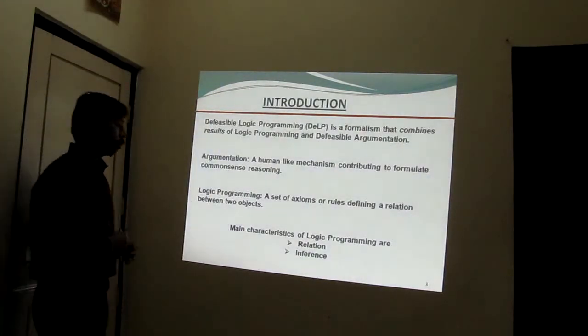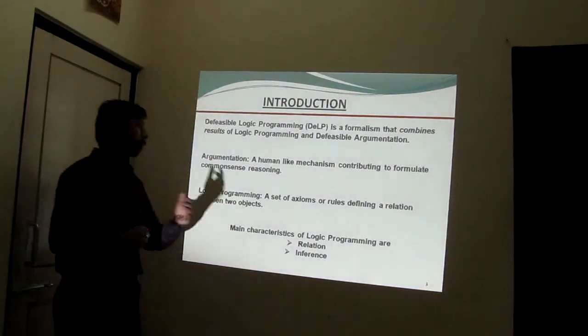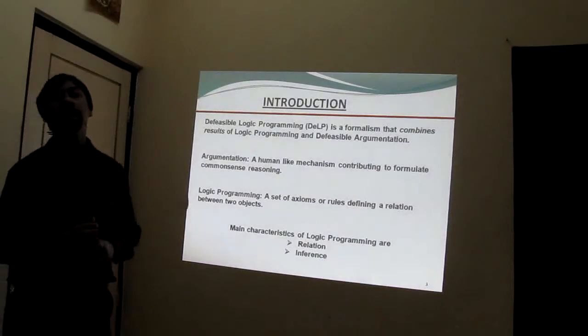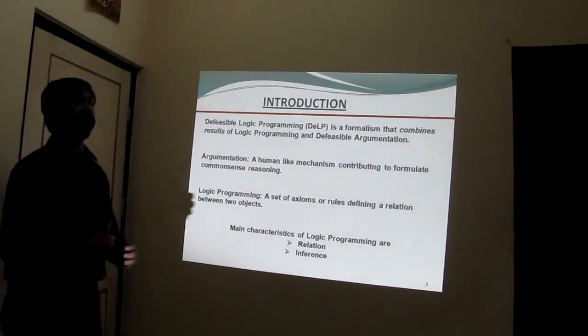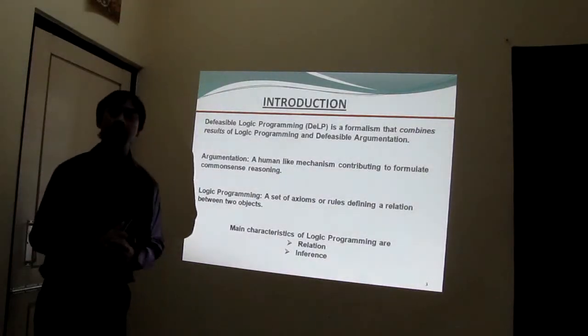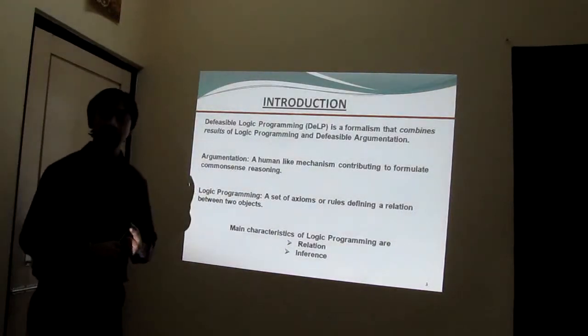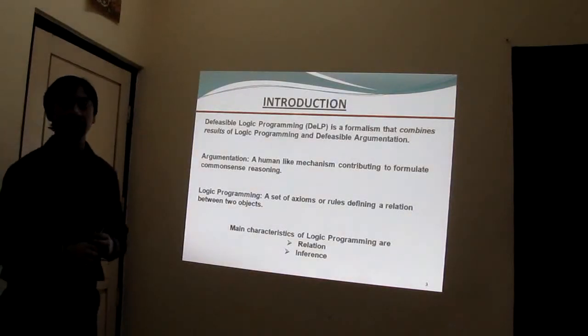Now we move to logic programming. Logic programming is a set of rules defining a relationship between two objects. The main characteristics of logic programming are number one, relationship, and number two, inference.